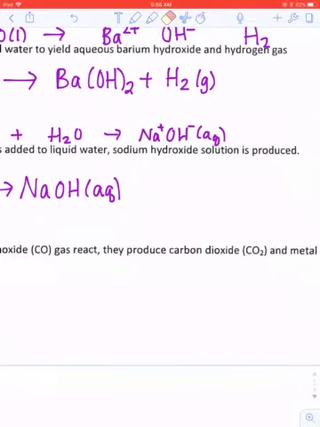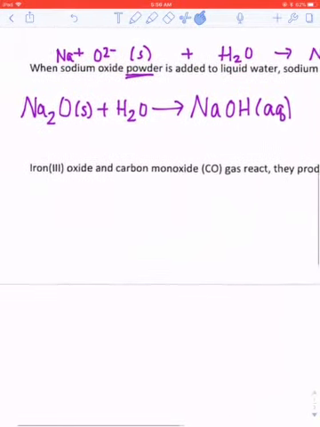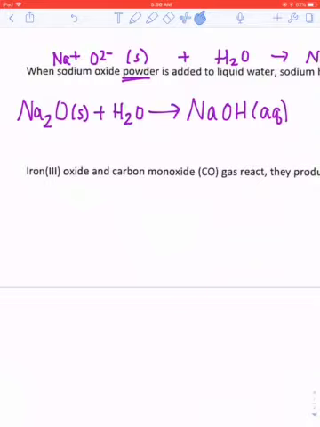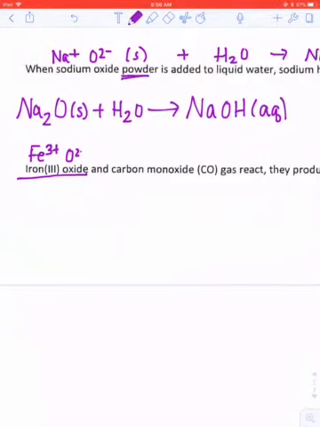And then finally, we've got one more. Iron 3 oxide. It doesn't say whether that is a gas or a solid or a liquid. Since it doesn't say, we're not going to put anything. So iron 3 is Fe3 plus, and oxide is O2 minus. And then carbon monoxide.